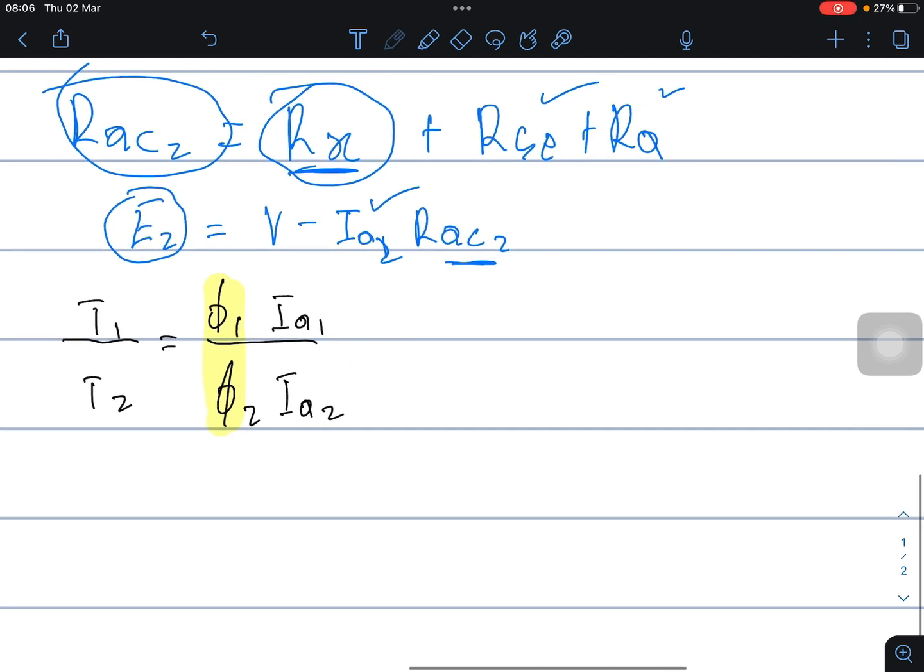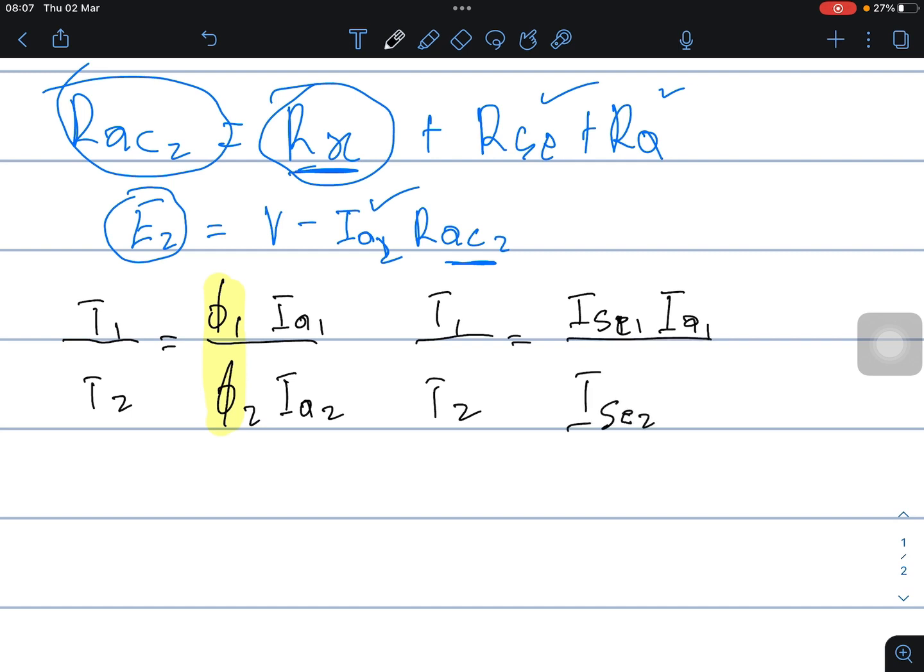That means our formula is written as T1 over T2 equals I series 1 I A1 over I series 2 I A2.